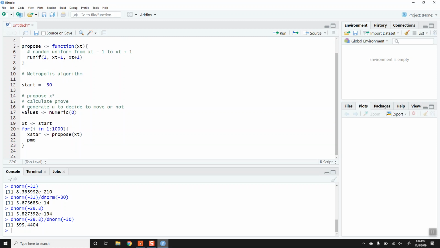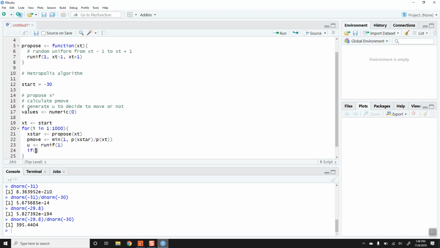And then I'm going to say p move is going to be equal to the minimum between 1 and p of x star divided by p of xt. Yeah? And then what do I do? Okay, so now I'm going to do u from runif. We just want one random u.